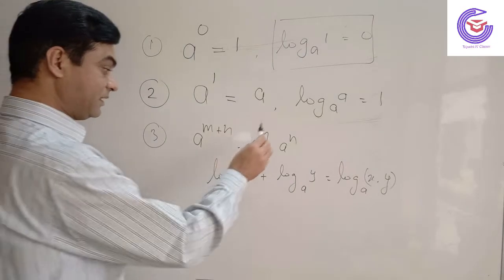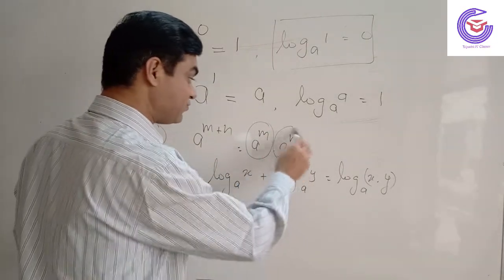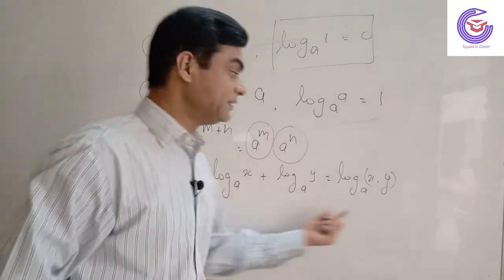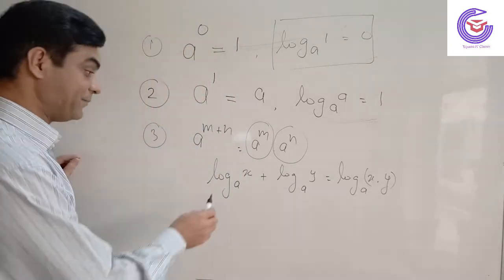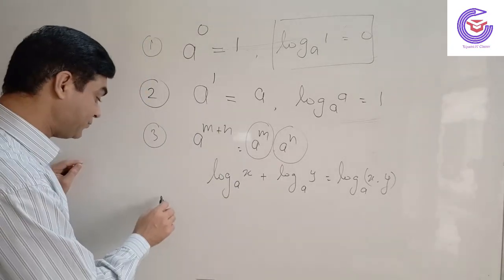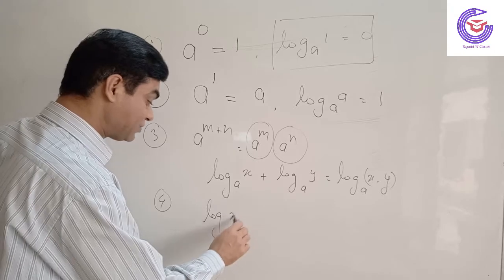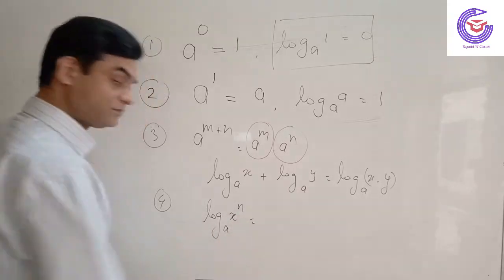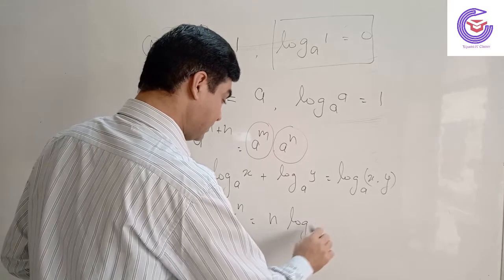If you take one value as x and the other as y, you can prove this property. This is also a very important property. If you generalize it, log x to the power n base a is n log x base a.